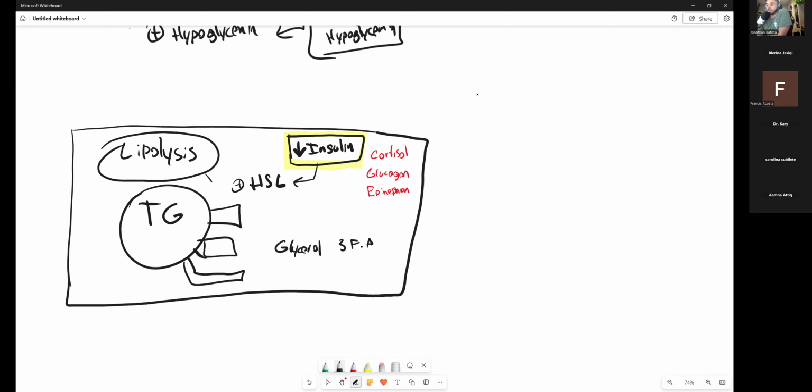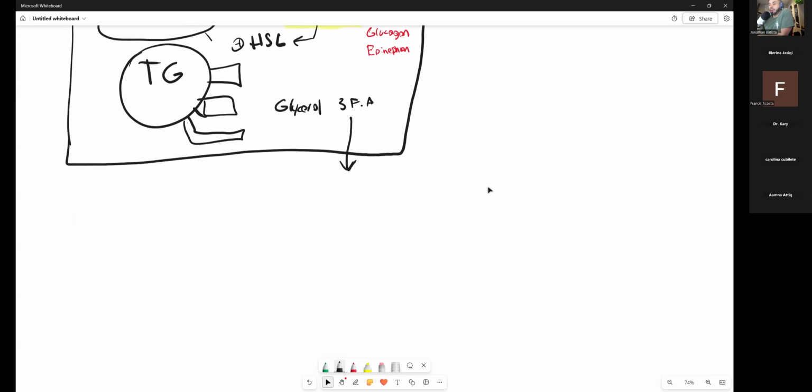These 3 fatty acids must travel where? Who remembers? Yes, they have to travel to the liver. Once they make it into the liver, they have to go into the mitochondria, yes, with carnitine.